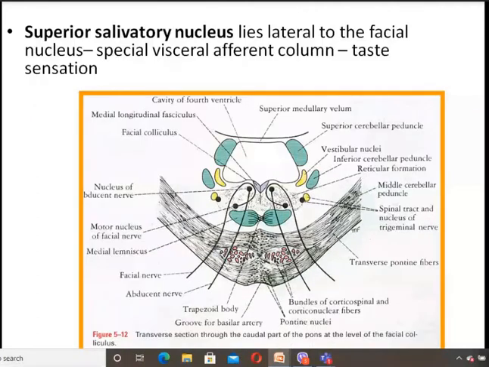And the superior salivatory nucleus lies lateral to the facial nucleus. So this is the facial nucleus. Somewhere here in the lateral aspect there will be the superior salivatory nucleus, which is responsible for the special visceral afferent column, or the taste sensation. So the superior salivatory nucleus is on the lateral aspect of the motor nucleus of the facial nerve.